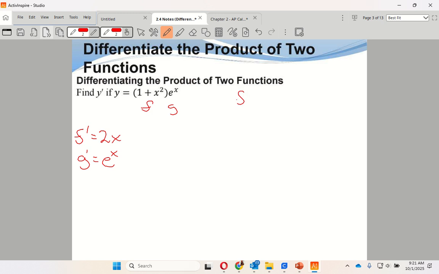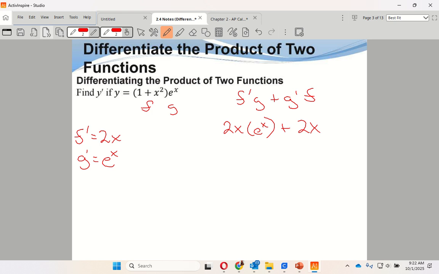So it's going to be f prime g plus g prime f. Now let's plug those in. F prime is going to give me 2x times g, which is e to the x, plus g prime, which is 2x.